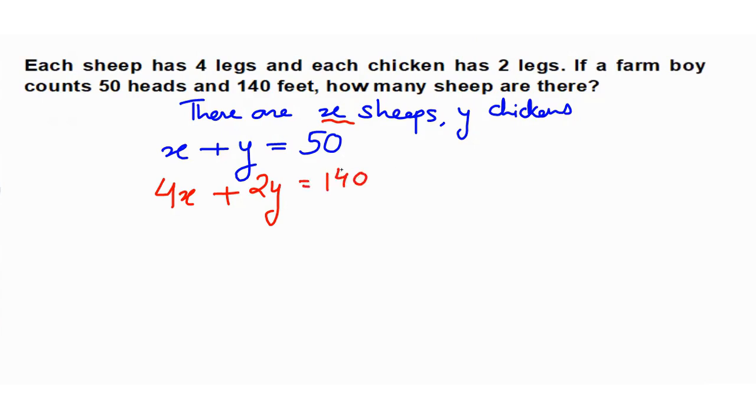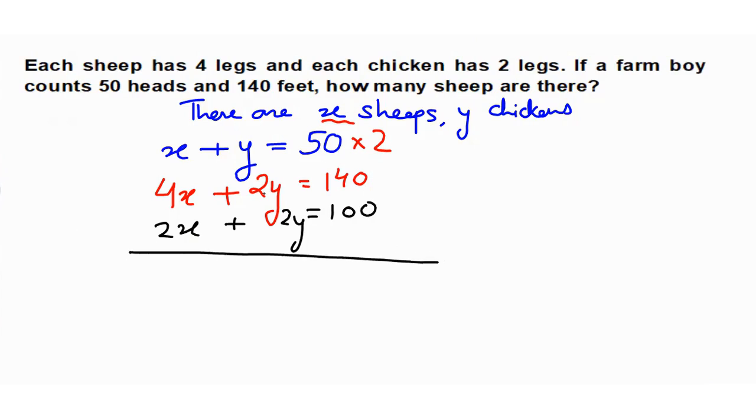Here also you can take 2 common if you need. There's no need actually, but we'll just do elimination. We'll multiply this whole equation by 2. So you'll get 2x plus 2y is equal to 100. We'll subtract these, minus, minus and minus. This would be 2x. 2y minus 2y is 0, equals 40.